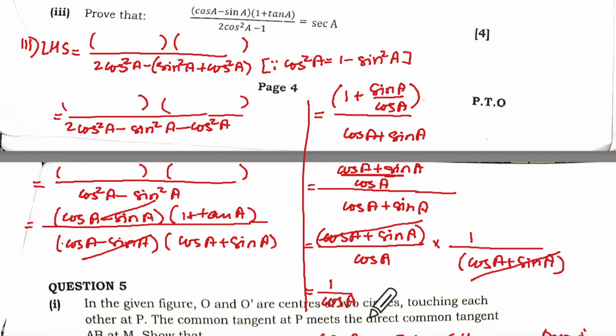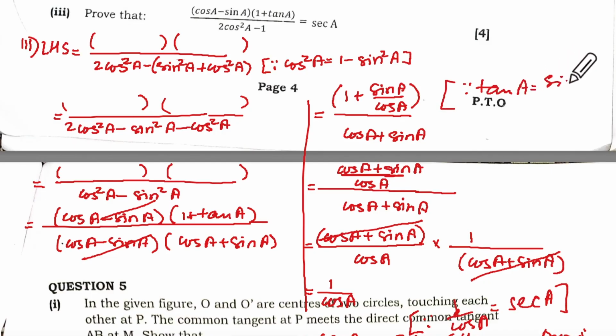Okay, so here we will say since 1 upon cos a equal to sec a. Make sure that you're writing the reasons. What else we have to write here? Since tan a equal to what? Sin a upon cos a. Understanding so far?